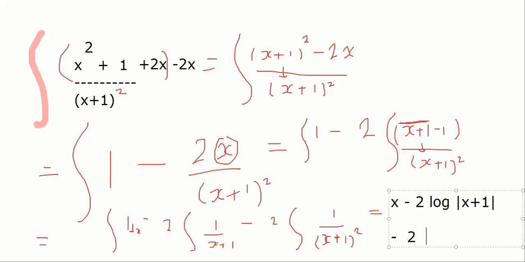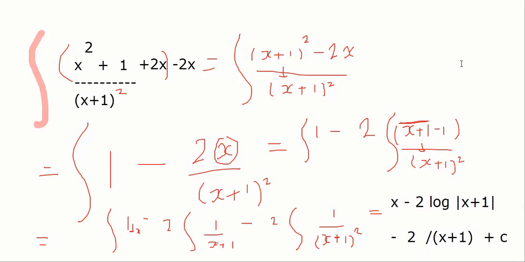Minus 2, no, integration of x plus 1 to the power minus 2. So minus 2 plus 1 is minus 1. Finally it becomes minus 2 by... that's it. Tell me, plus c. Yes.